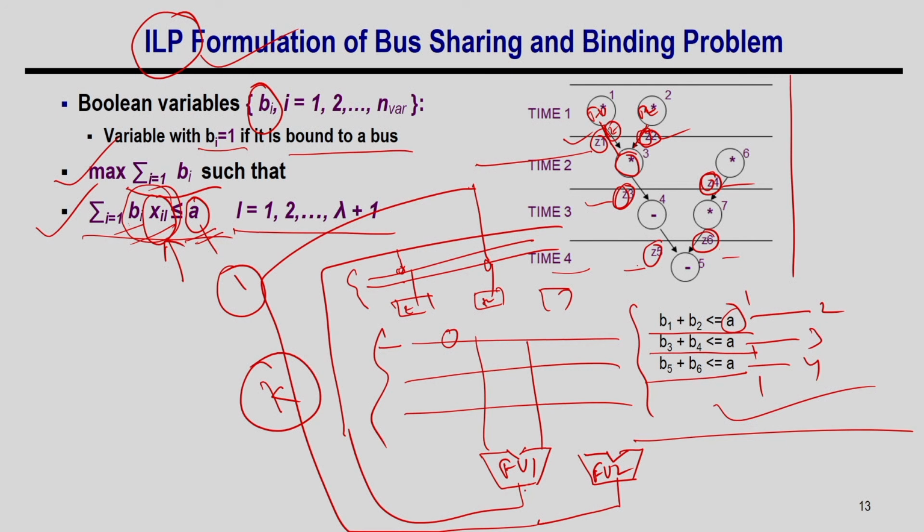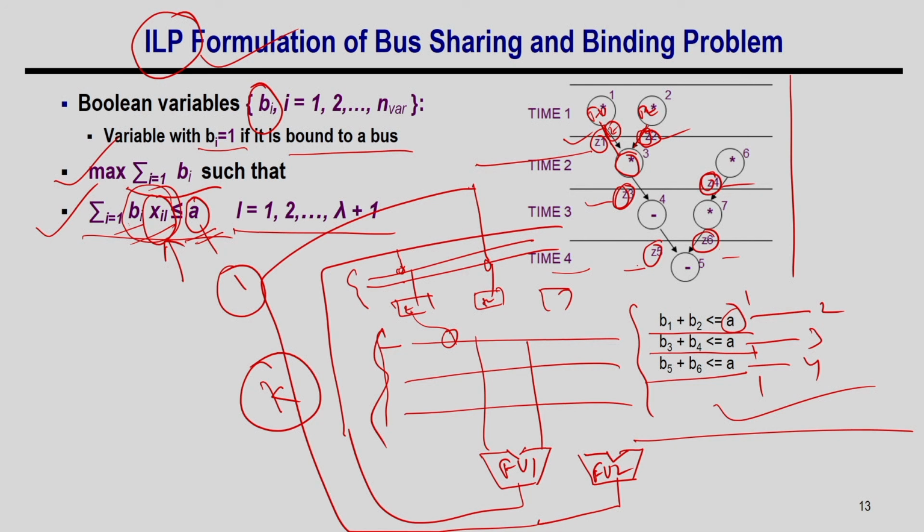And similarly, how to make this transfer from FU to those buses. Here the connections have to be made from FU output to those buses. At the input of FU, the connections have to be made from the registers to the buses and from the buses to the FUs. Okay. I hope you understand the overall problem of this bus based interconnection synthesis, what the optimization objective is, and how we can solve that problem.